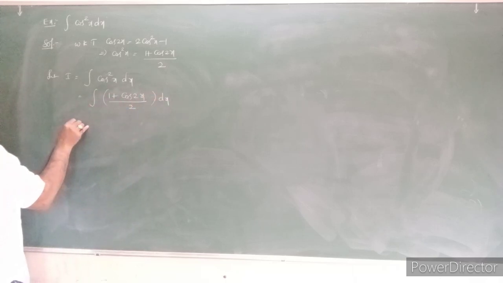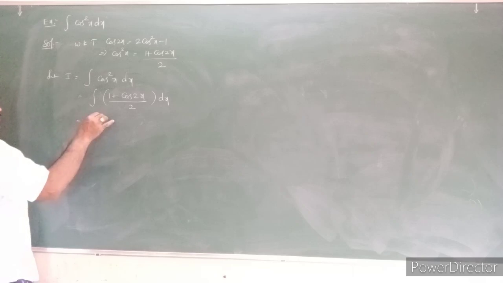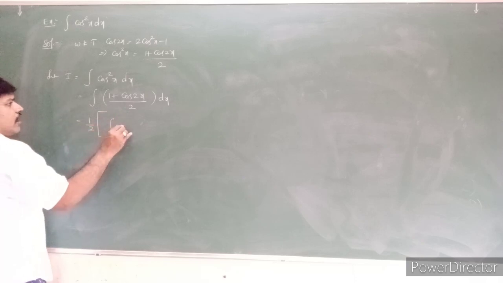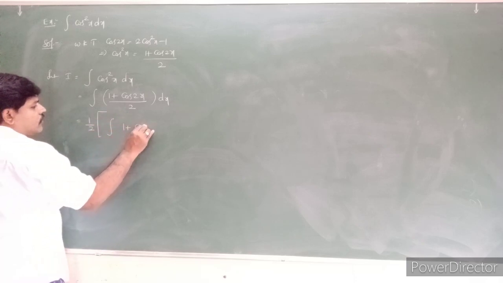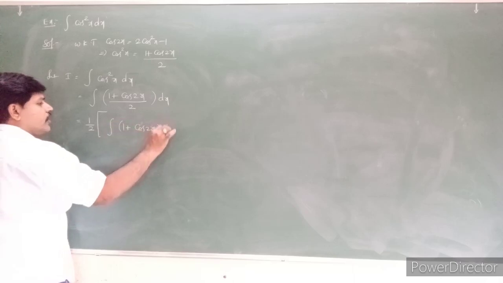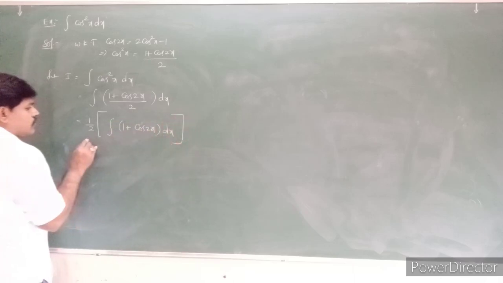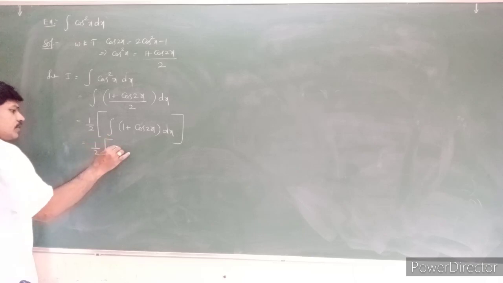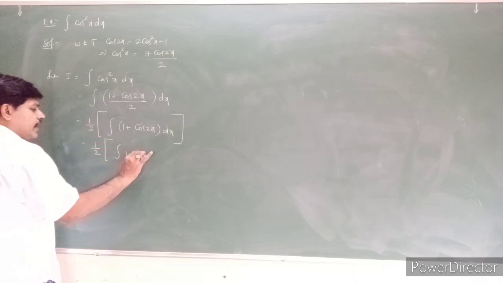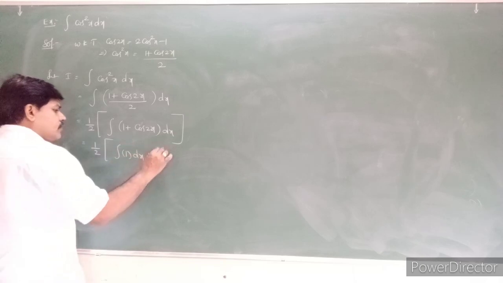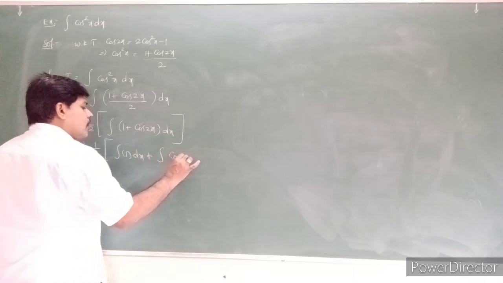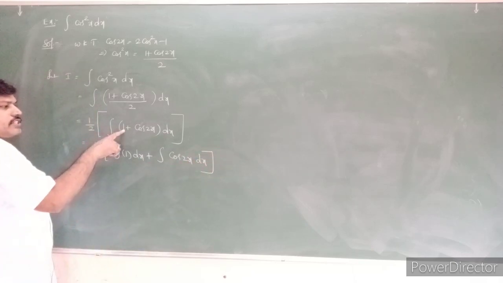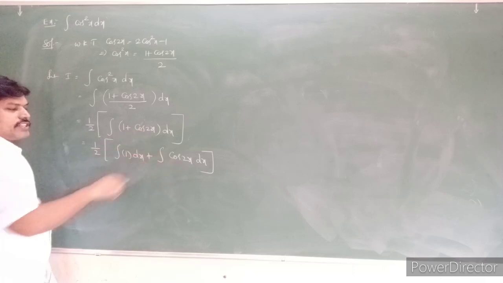Take this 2 out, so it becomes 1 by 2 into the integral of 1 plus cos 2x into dx. That is equal to 1 by 2 into the integral of 1 into dx plus the integral of cos 2x into dx.